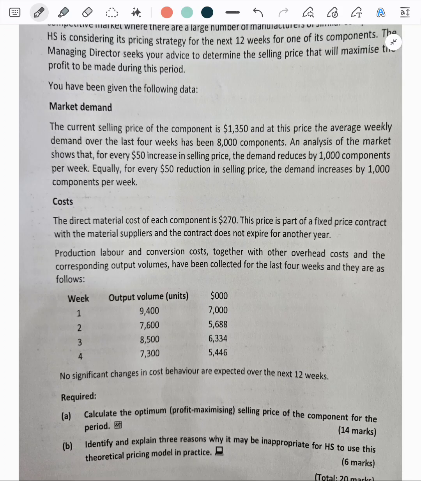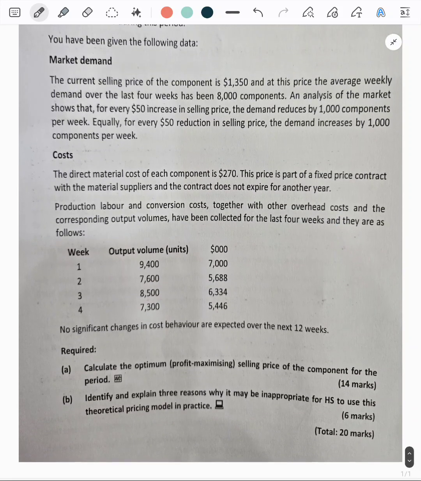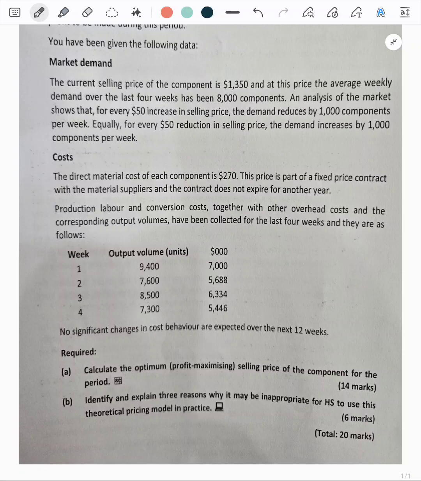Week 1, 2, 3, 4 output volumes 9400, 7600, 8500, 7300. No significant changes in the cost behavior are expected over the next 12 months. So the first part of the question is asking to calculate the optimum profit maximizing selling price for the component for the period.